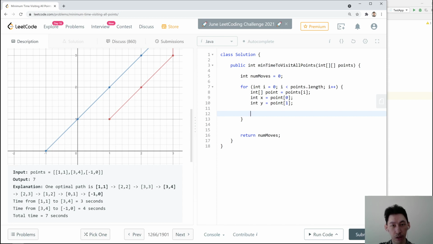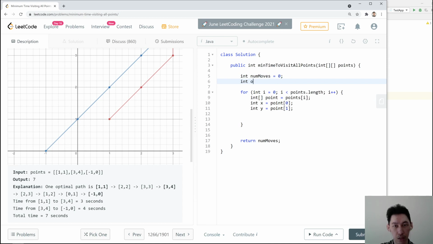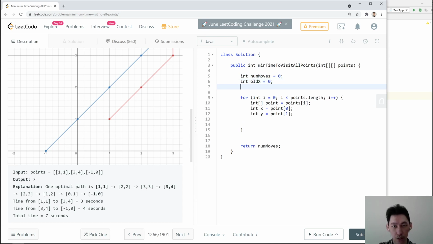We need to remember something. So we need old x and old y. And then we can even cheat. We can start at 1. We can just initialize this to that, and then 0, 1. No, this one is 0 and this one is 1. Yeah.